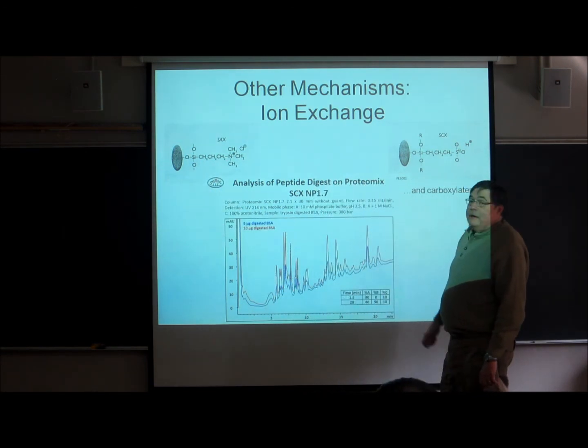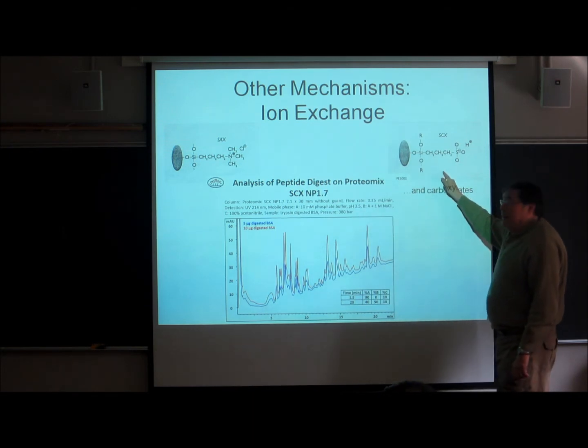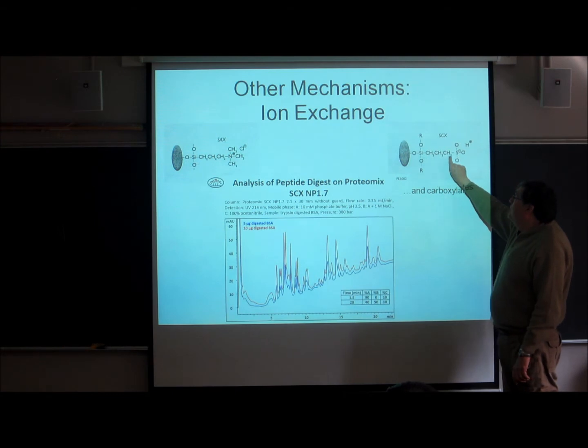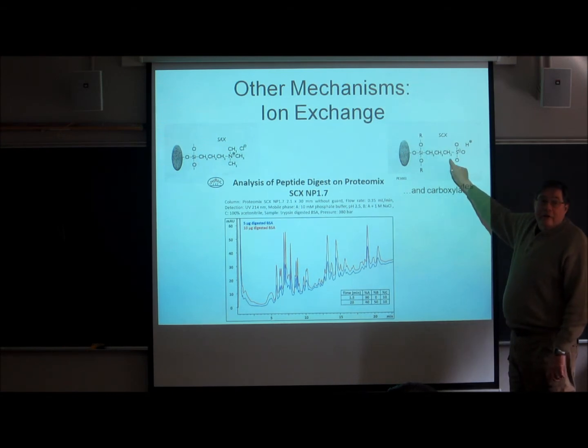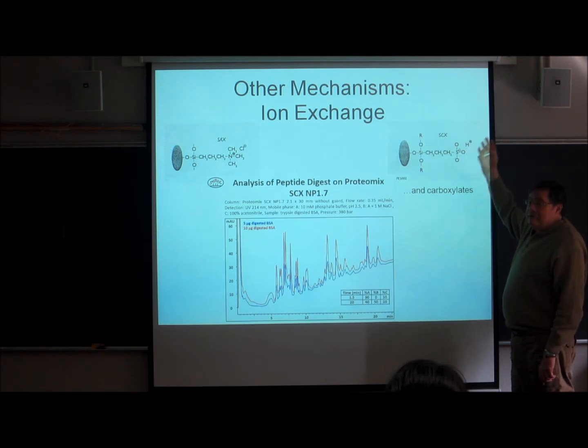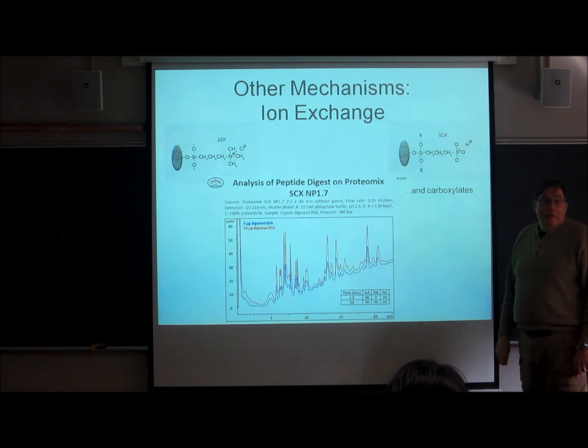Now here's a cation exchange stationary phase. Notice these are not 18 carbons long, they're 4 carbons. And this is a sulfonic acid group, so this is a strong cation exchanger. And again, this is going to attract positively charged ions, but negatively charged ions will move on by.